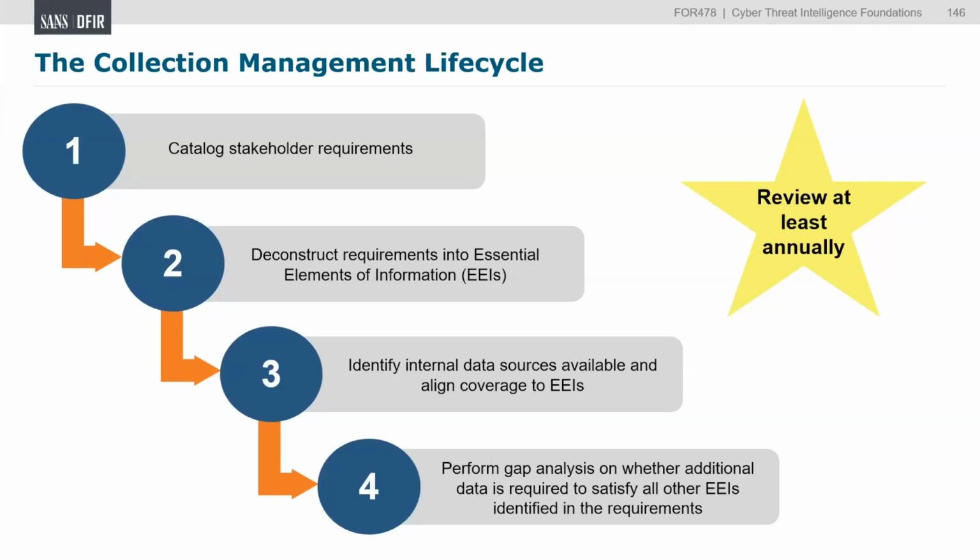So they have intelligence needs, they have pain points that they're trying to break down. There are ways that we, as a customer service, customer first type field, can go about supporting them. So we take these different elements, we break them into different parts. We then evaluate whether or not what's available inside of our environment through different logging sources, and then what we might need externally to satisfy them.